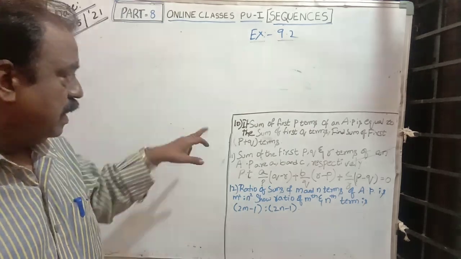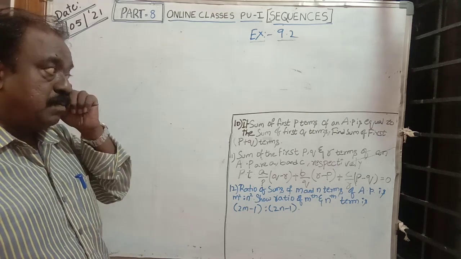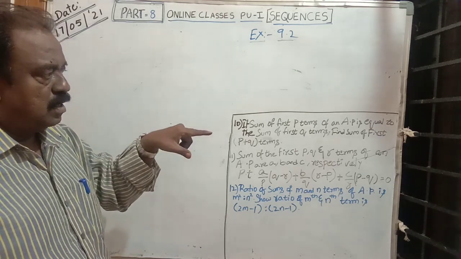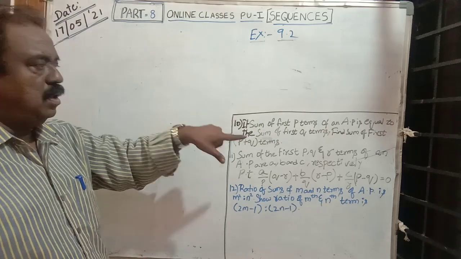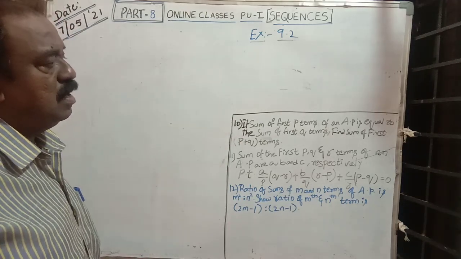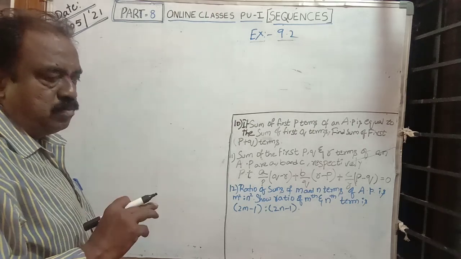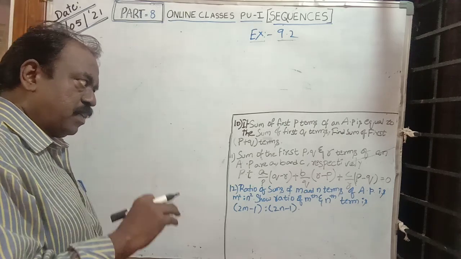Okay. 10th problem. If the sum of the first p terms of an AP is equal to the sum of the first q terms of the same AP. You see, the sum of the first p terms is again equal to the sum of the first q terms.